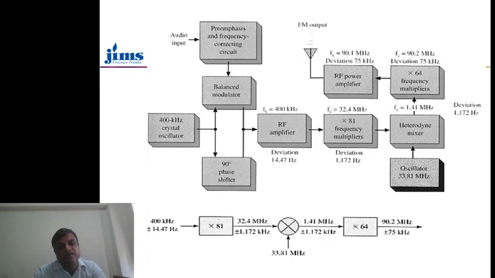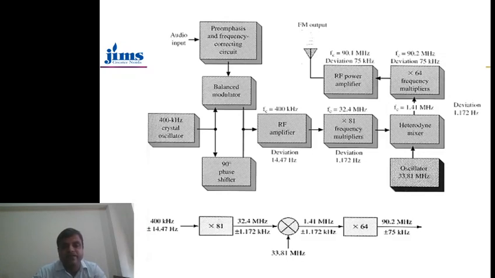See here the small block diagram. Initially we have the signal having 400 kilohertz frequency and deviation 14.47. Then it gets multiplied 81 times and it becomes 32.4 megahertz and deviation becomes 1.172 kilohertz. Then it's passed through a mixer and we select a difference frequency.